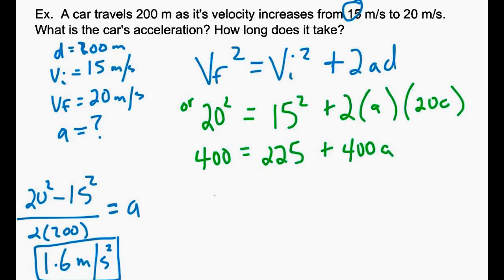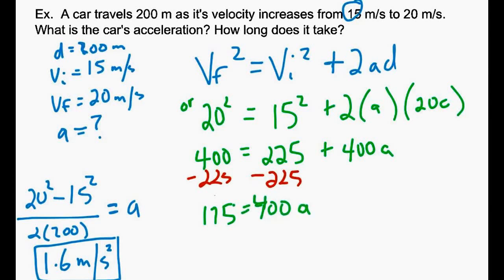So now you can see we just have a basic easy math formula to solve. We'd get rid of the 225 first. So 400 minus 225 equals 175, and that equals 400A. Our last step is divide by 400 on both sides.